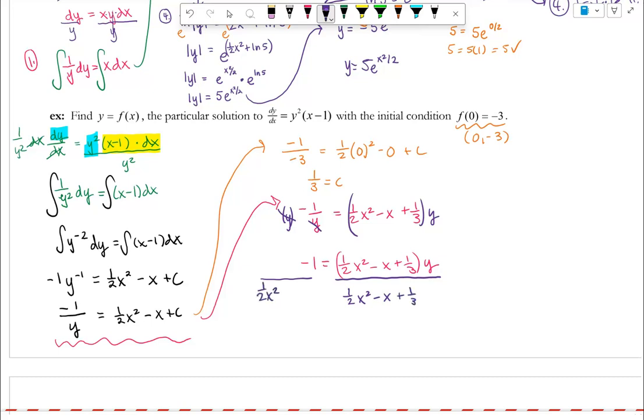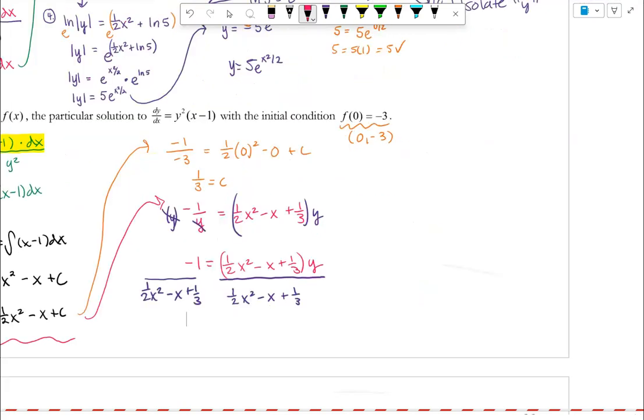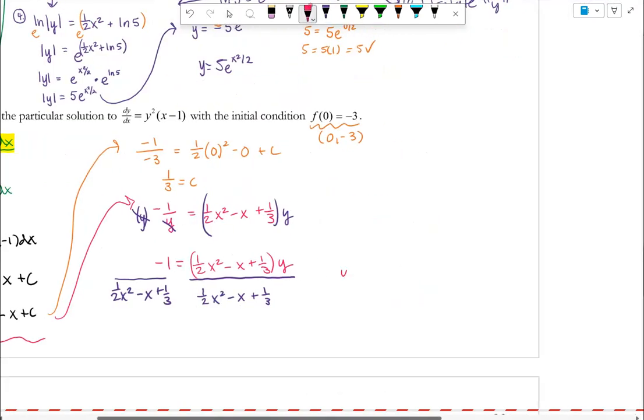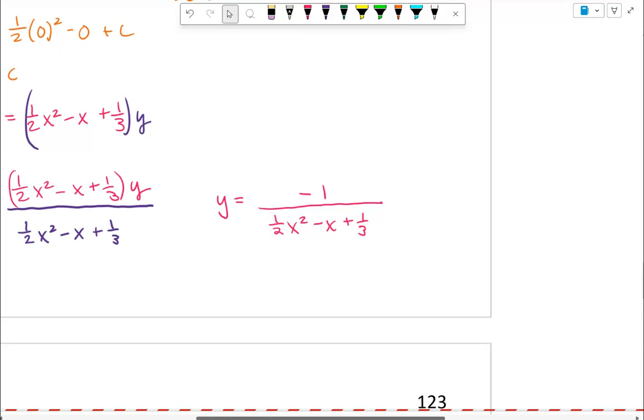You could probably skip this step where I'm showing my work, but I like to be thorough. So our final solution is y equals negative 1 divided by 1/2 x squared minus x plus 1/3. And there are ways that we could get rid of those fractions within a fraction. I'm going to just say I'm fine with this answer if you want to leave it like this.